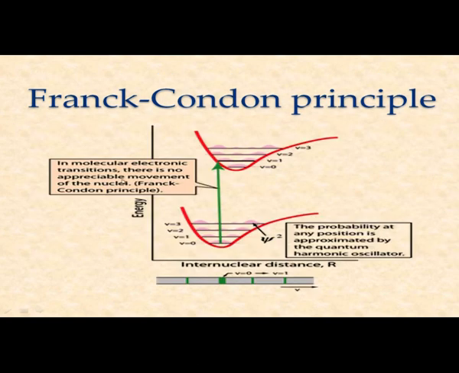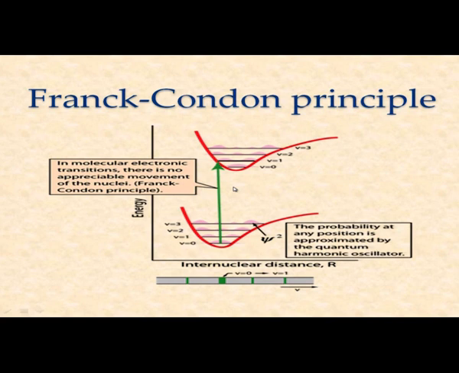This is the pictorial explanation for Franck-Condon principle. Franck-Condon principle states that there is no appreciable movement of the nuclei. Here this is the excited state of the molecule comprising many vibrational states. This is the ground state of the molecule comprising many vibrational states. So, here you can see the curve position, the concave position is slightly shifted, not an appreciable amount of shift is there.